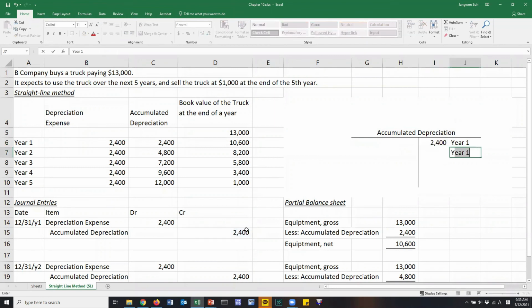At the end of year two, how much do we depreciate? Once more, the same amount.